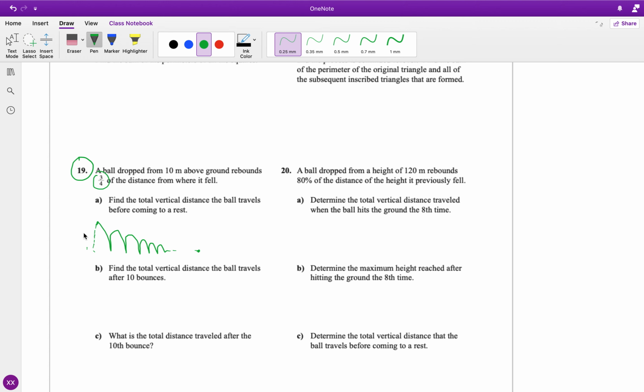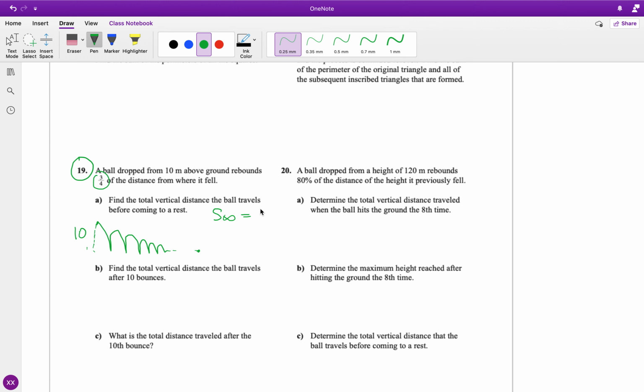Okay, so now this is a 10, all right? That means the total distance, the S infinity, when it finally stops, my first term is 20 because it dropped from 10 meters down and bounced back.